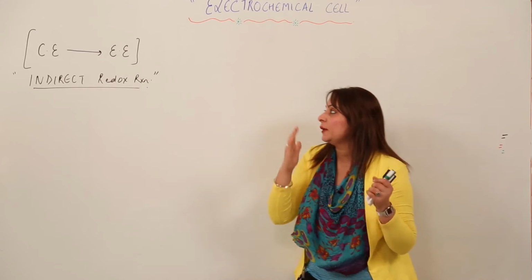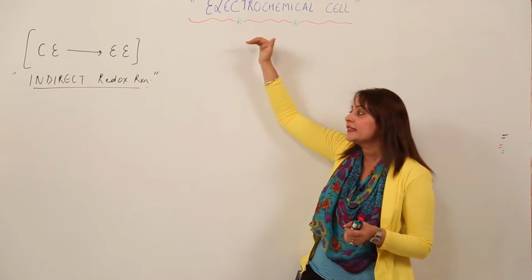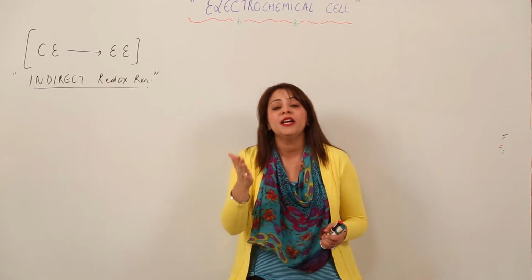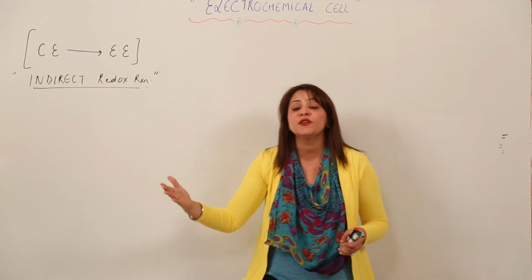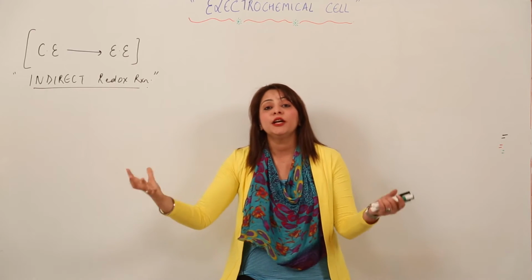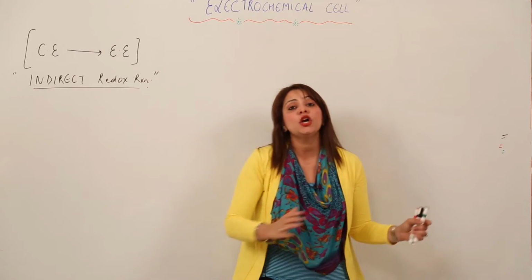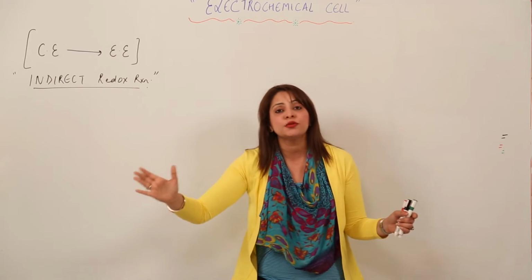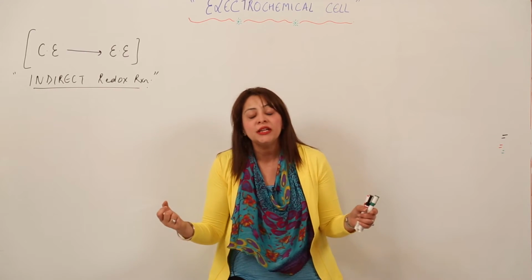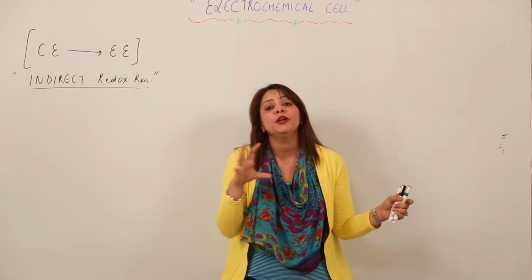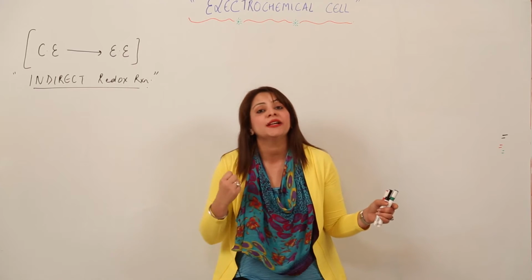So the principle for the electrochemical cell is the indirect redox reaction. That means the atom which will undergo oxidation and the atom which will undergo reduction are not in close contact, they are far away. So the electrons need to travel a certain distance to reach an atom which needs an electron, and there is a gap between them. This movement of electrons constitutes the electric current.